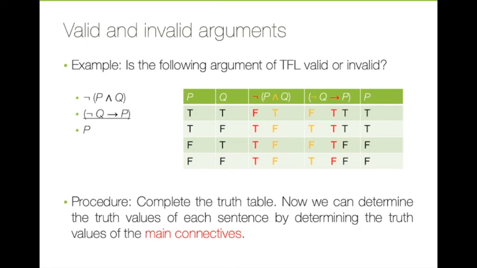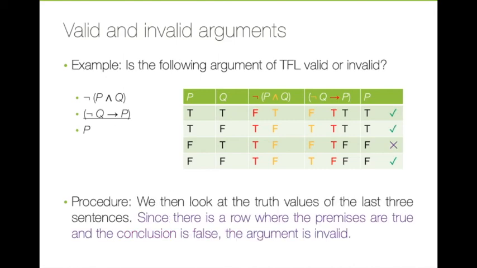And it's only false when the antecedent is true and the consequent is false. So we see in that last row, not Q is true, but P is false, so the conditional in red is false. The final column of the truth table copies the value of P, just like we did in the previous example, though the conclusion won't always be a simple sentence letter.